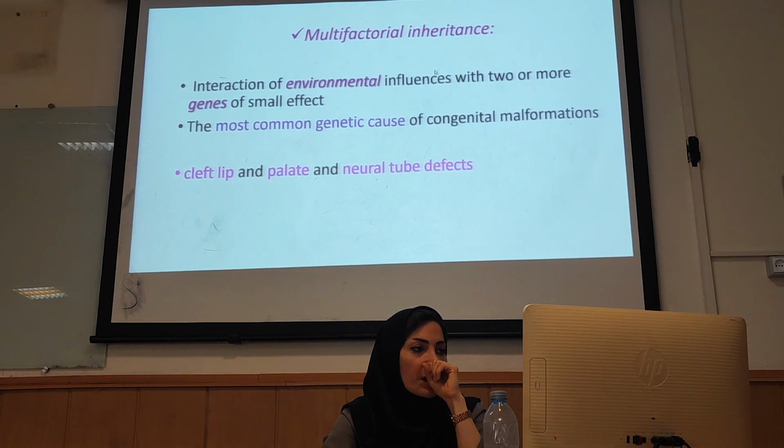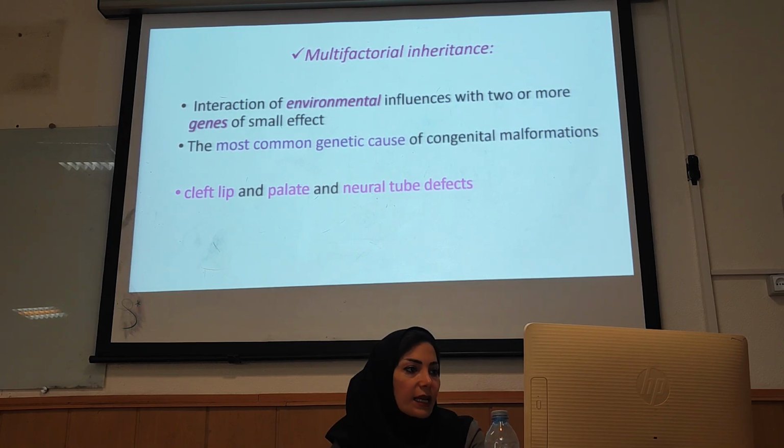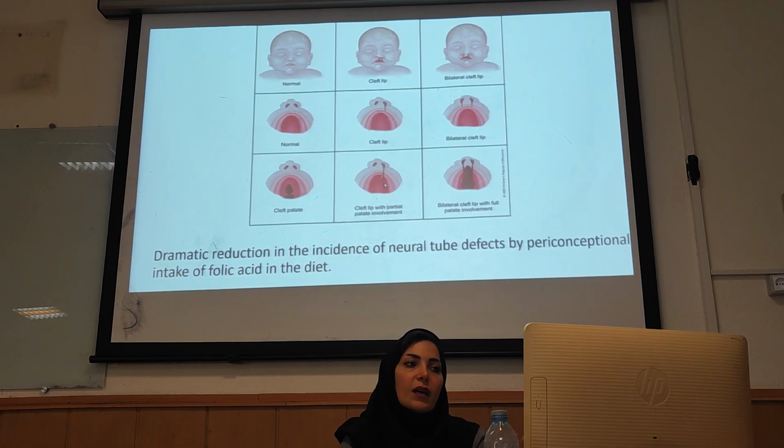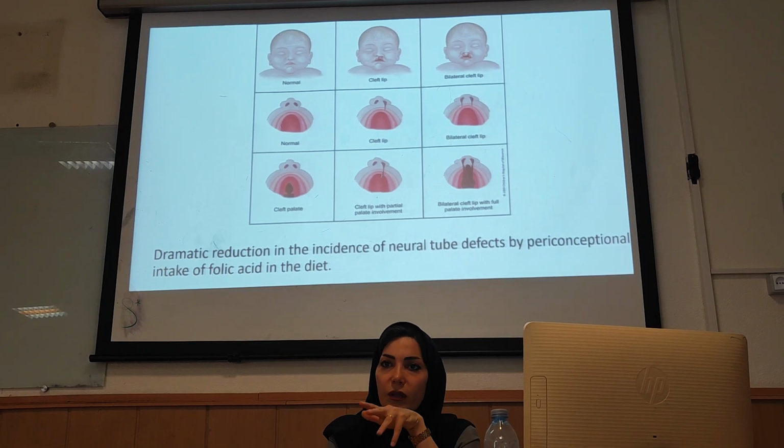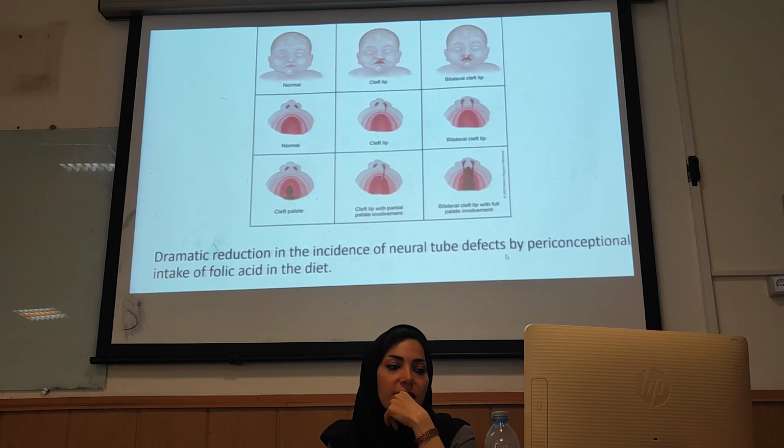Multifactorial inheritance may involve environmental and some genetic effects together, and the most common genetic cause of congenital malformation is in this group. Cleft lip and palate and neural tube defects are examples of multifactorial inheritance. After consumption of folic acid in the prenatal period, we see a dramatic reduction in the incidence of neural tube defects.